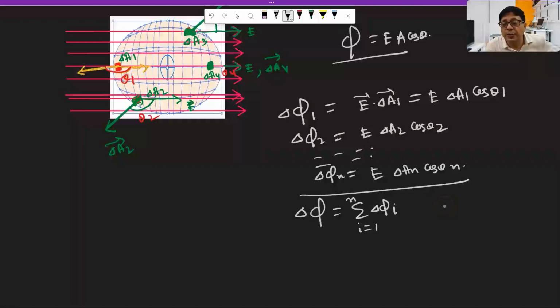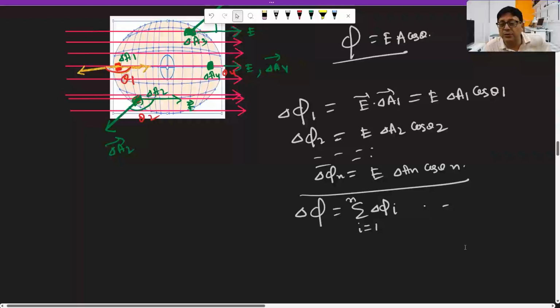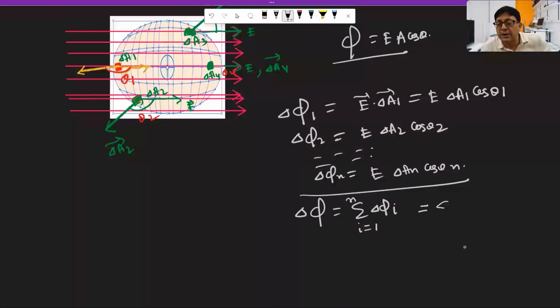So this is going to be E dot delta A i. You write the sigma sign over there also. So delta phi i is nothing but sigma E dot delta A i vector. Clear?